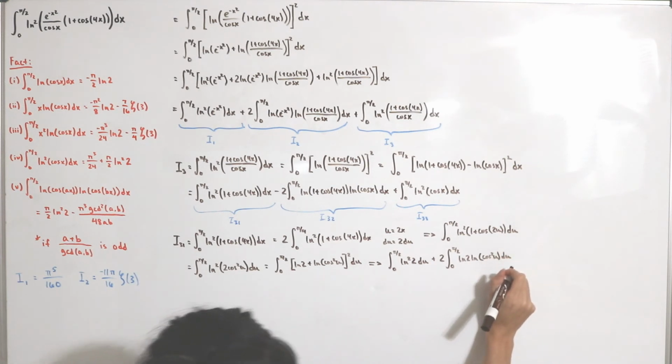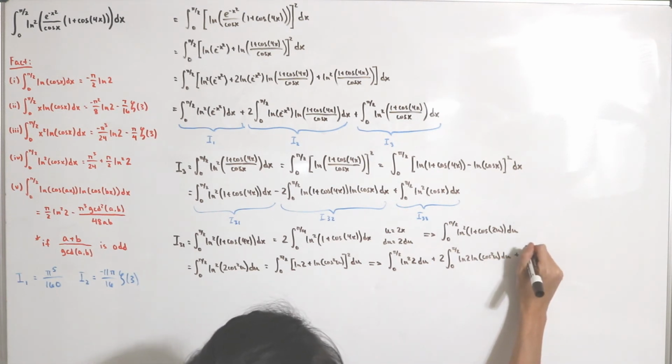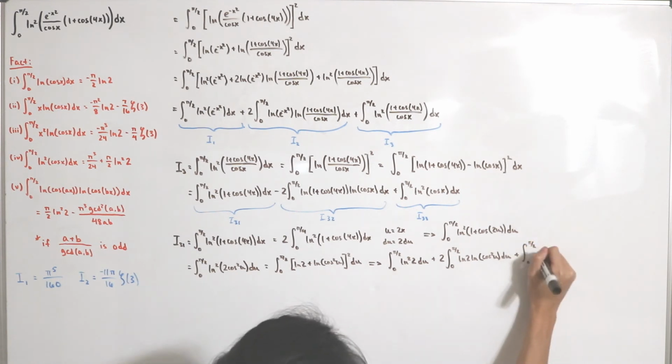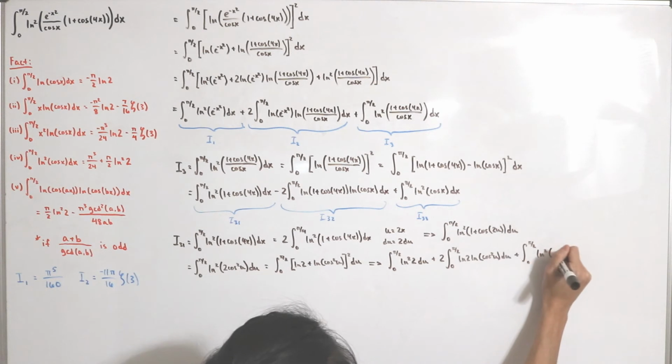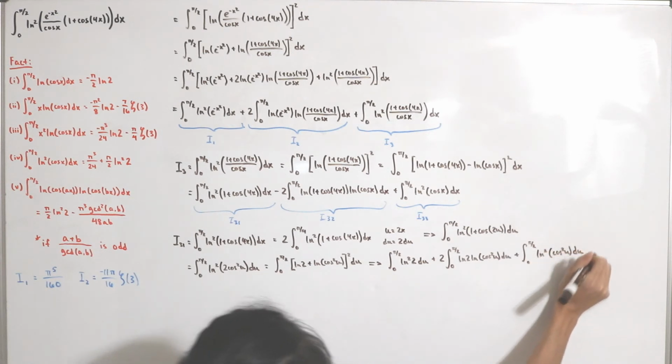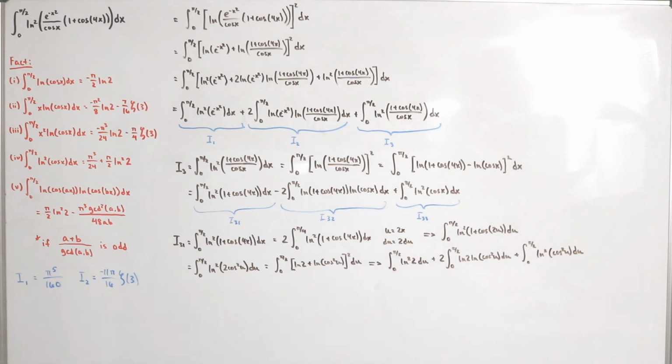I'm just going to factor out the 2. And then plus the integral from 0 to pi over 2 of ln square cosine square of u du.